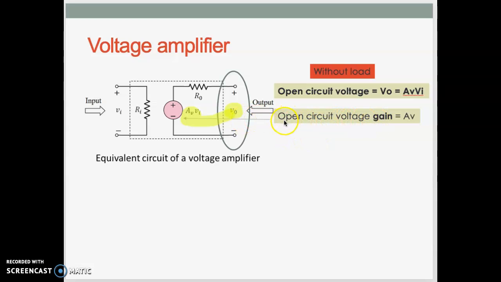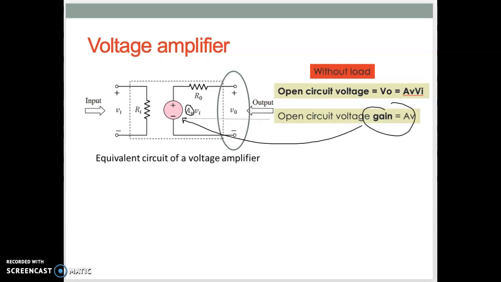If the circuit doesn't have any load, we can denote that the open circuit voltage is equal to AV VI. What is the open circuit voltage gain? The open circuit voltage gain is the AV at the dependent source here, connected to the output.